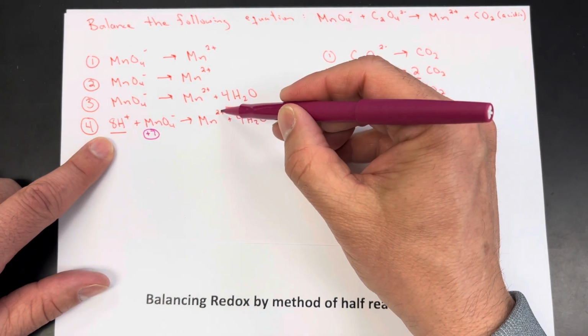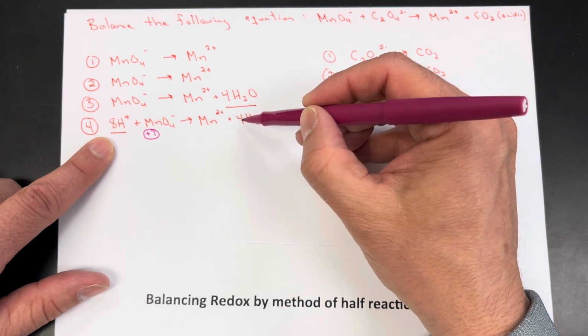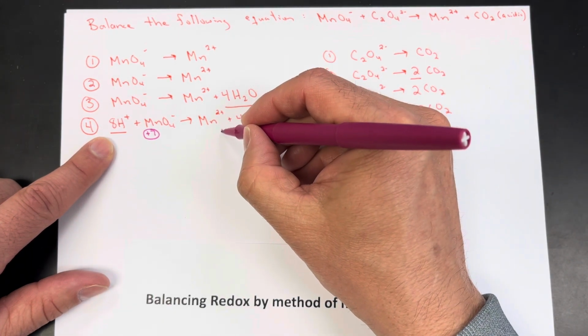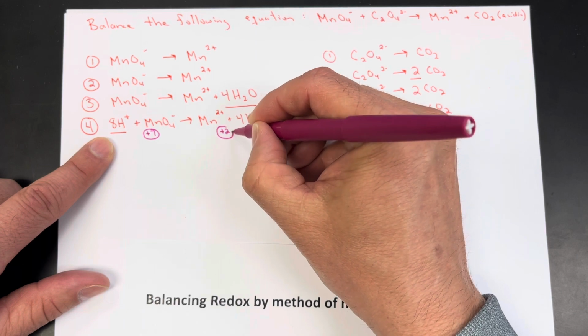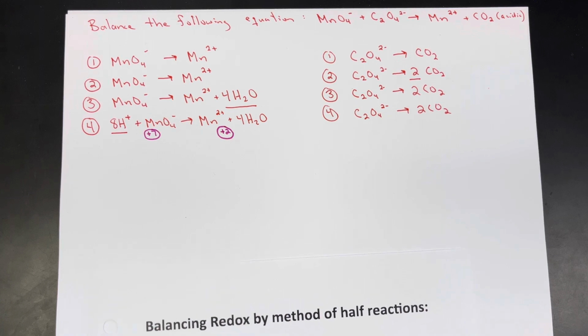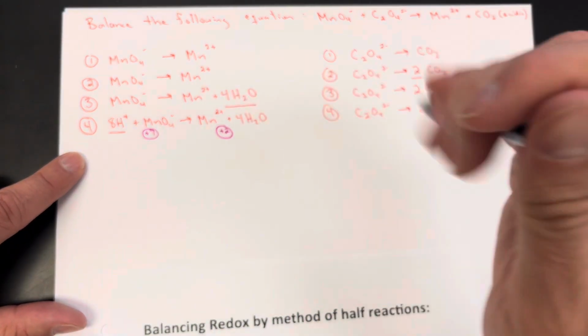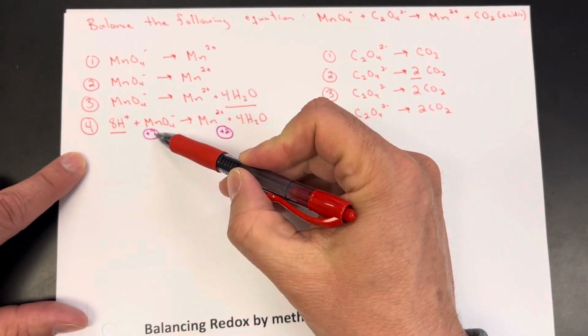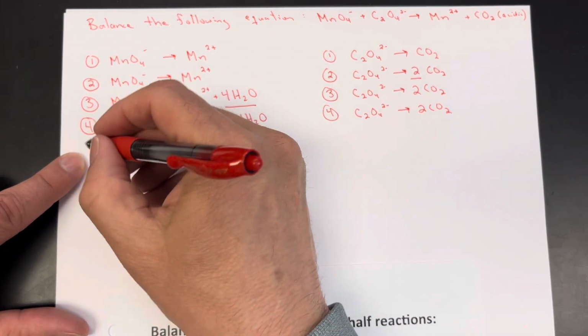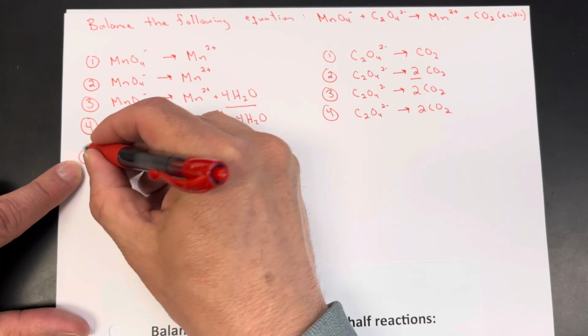Over here, we have 1 positive 2, and we have 4 neutral things. So this side is going to be a positive 2 when it comes to charge. If we have a positive 7 on one side and a positive 2 on the other side, to balance out the charge we're going to need 5 electrons.